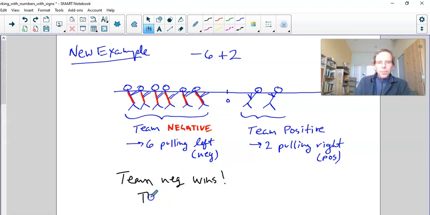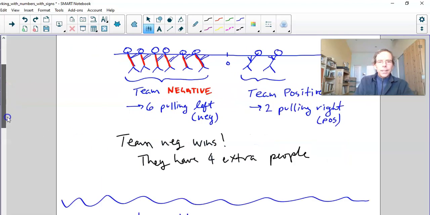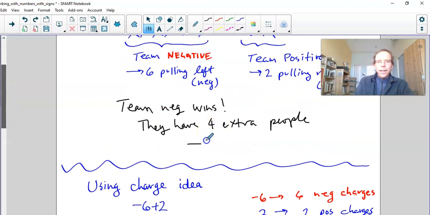They have 4 extra people. All right, so what's the end result? I'll write it down on the bottom here. -6 plus 2 is going to equal -4, because negative's winning by 4 extra people.